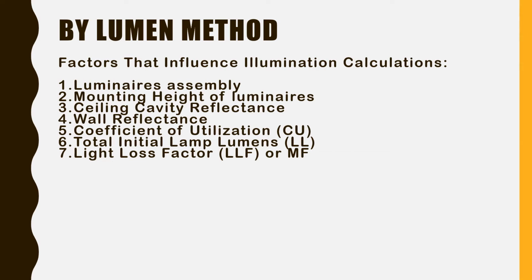This is the factor that is applied because initially the total lamp lumens will later become less due to dust or whatever debris or dirt that will stick to the lamp. So we have to apply some maintenance factor or light loss factor.